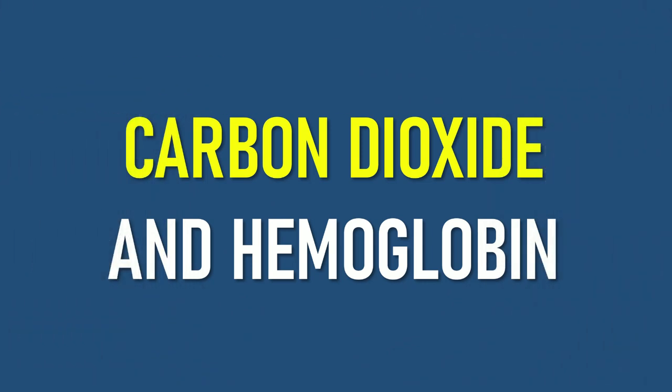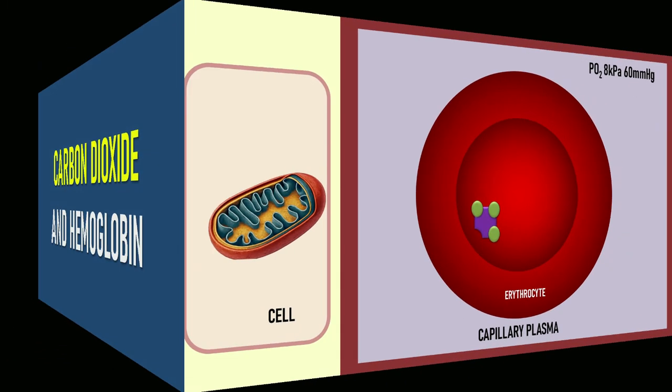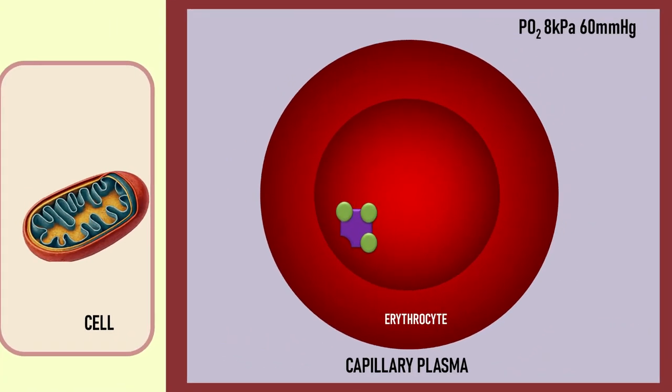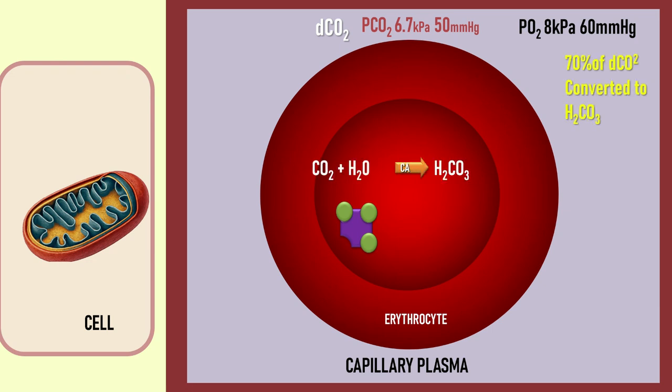Now let's move on to a discussion about carbon dioxide and hemoglobin. Dissolved carbon dioxide enters the erythrocyte and is hydrated by carbonic anhydrase to form carbonic acid. That immediately dissociates to release a hydrogen ion moiety and bicarbonate.